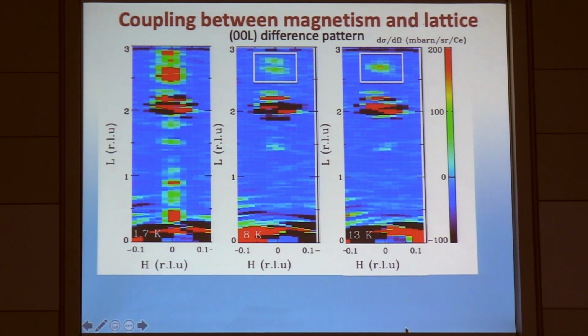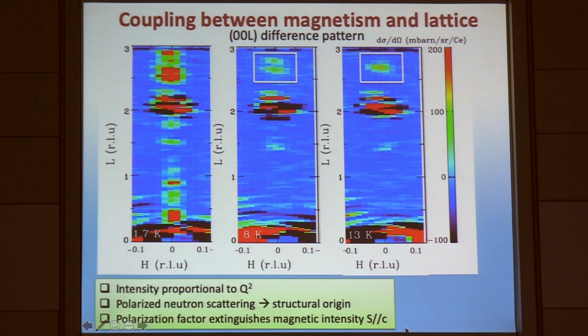And a couple of things can be said about that. First of all, the intensity actually grows in proportion to wave vector squared. So things get stronger as we go to higher wave vector transfer. And that already points to a structural modulation as opposed to a magnetic scattering feature, because the magnetic scattering feature satisfies a form factor. But this one is actually growing with Q. Another point is that the magnetism of this compound is completely polarized along the c-axis all the time.